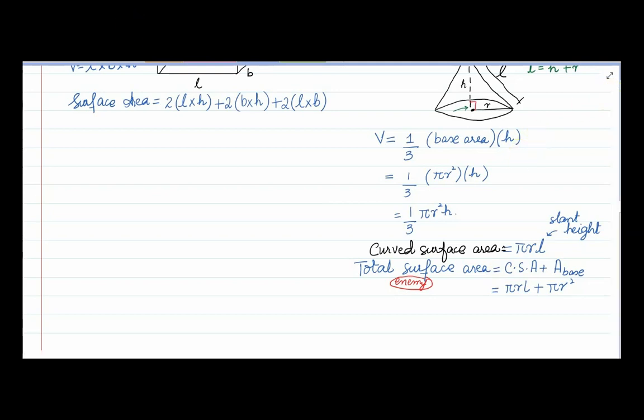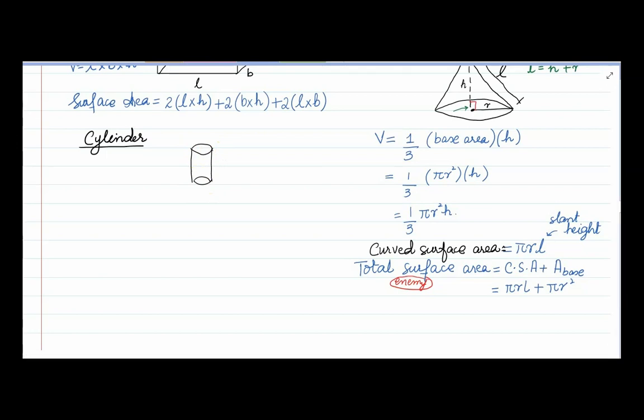Alright, so after cone, the next shape is cylinder. Now the best example to visualize a cylinder is your soft drink cans, right? Pepsi, Mirinda, etc. So the best example is your soft drink cans.